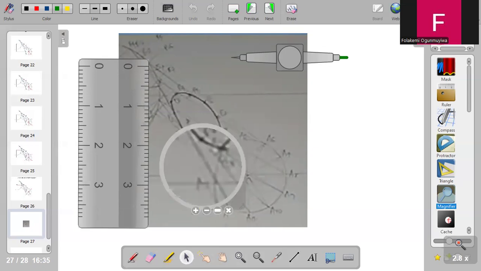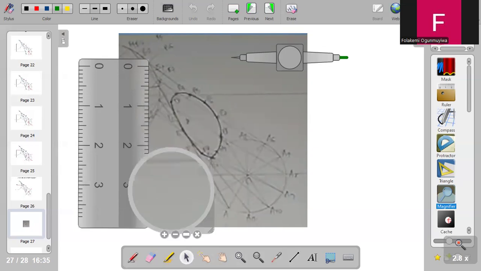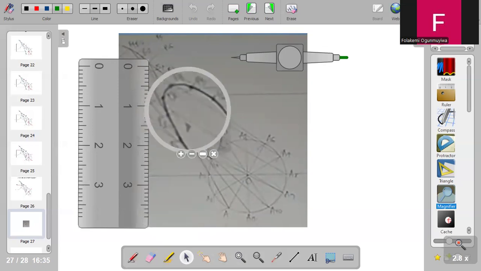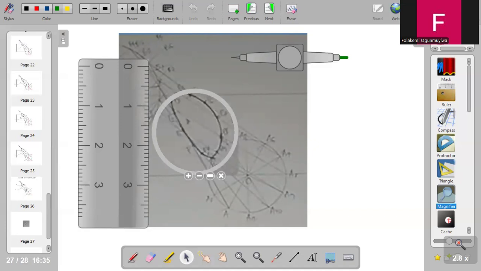So your final answer will be like a bean shape, looking like an oval and at the same time like a bean shape. So you just bring it out this way. So this is my final answer.